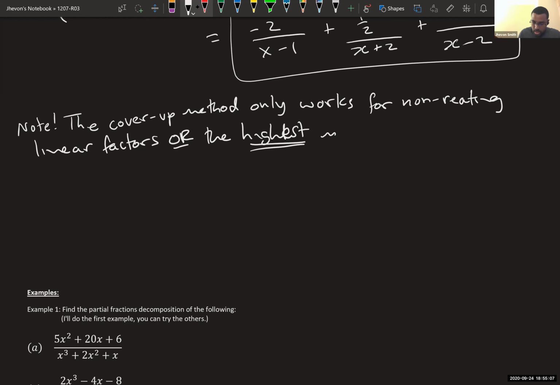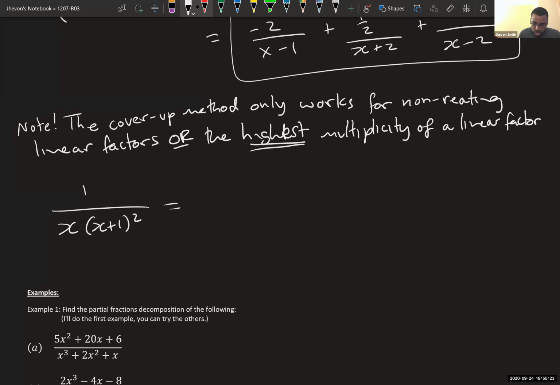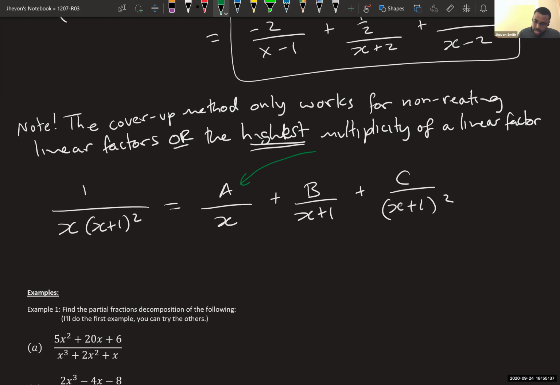Only the highest. So if I had something like x plus 1 all squared, I broke that down into a over x plus b over x plus 1 plus c over x plus 1 squared. The cover-up method can find the a, it can also find the c, it cannot find the b.